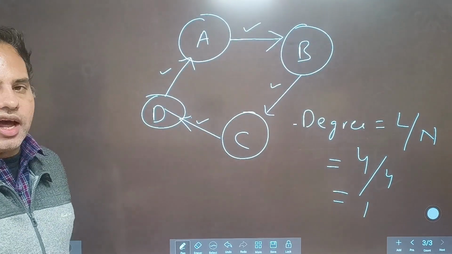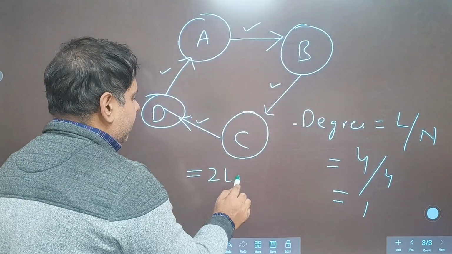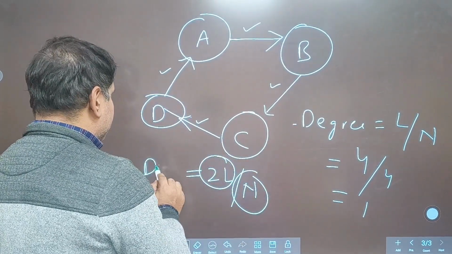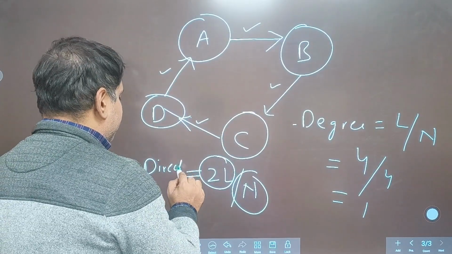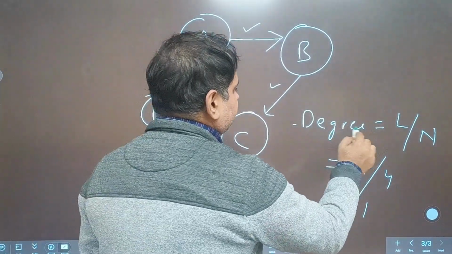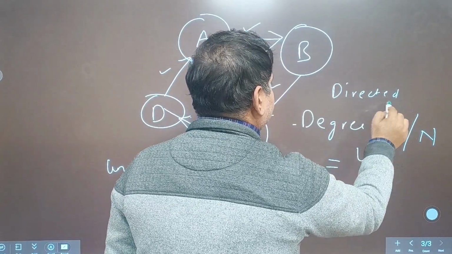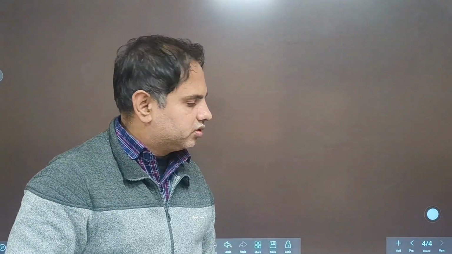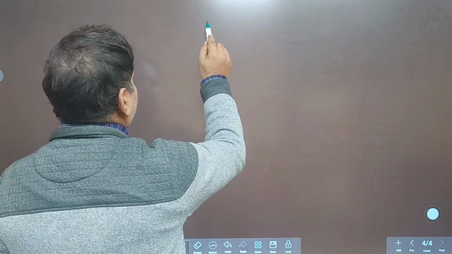So for the undirected graph it is 2L by N, where there is no direction, and for the directed graph it is L by N. So this is your degree.